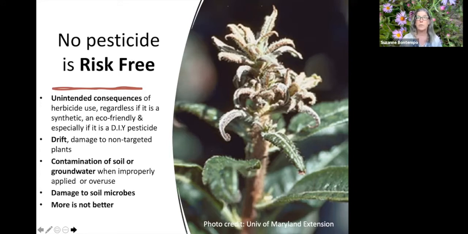Let's use an example of crabgrass. I hear this very frequently. Crabgrass is one of those weeds that spreads by seeds, and if we haven't pulled it out before it goes to seed, there are going to be a lot of seeds in the area. Let's say I don't want to pull it, that's ridiculous, I want something really easy, like an eco herbicide.